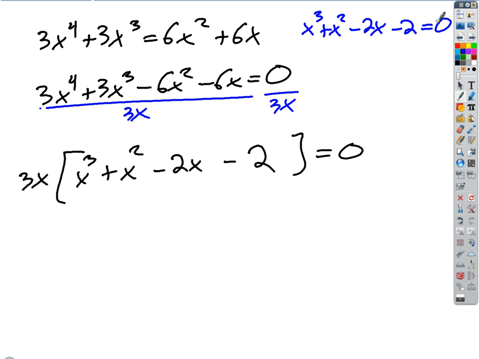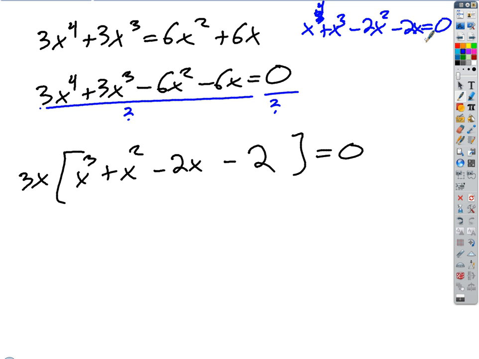But if I wanted to, I could have said, well, 3 goes into all those numbers. I could divide both sides by 3, and I haven't lost anything. I just can't divide by a variable. If I had divided both sides by 3, that would have been an x to the fourth, an x cubed, an x squared, and an x. That would have been fine.